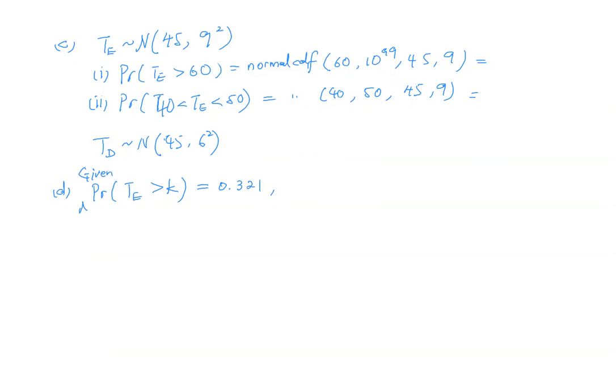So I ask you to find the value of K. Still remember how to do this? Okay, Winston, since you say yes, what to do, Winston? Inverse normal. Yes, you see, you must be like that.